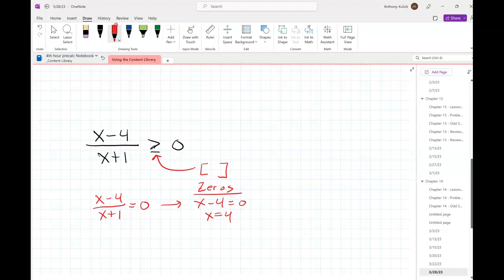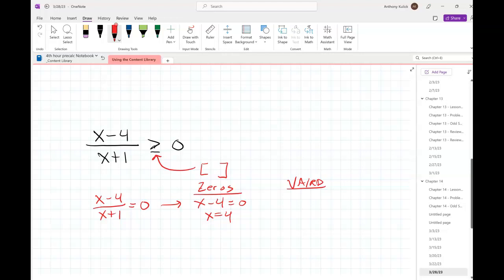So we saw that a continuous function can only change sign at zeros. A discontinuous function can change sign at the zeros and at a discontinuity. So in addition to zeros, we also need to worry about our vertical asymptotes or removable discontinuities.